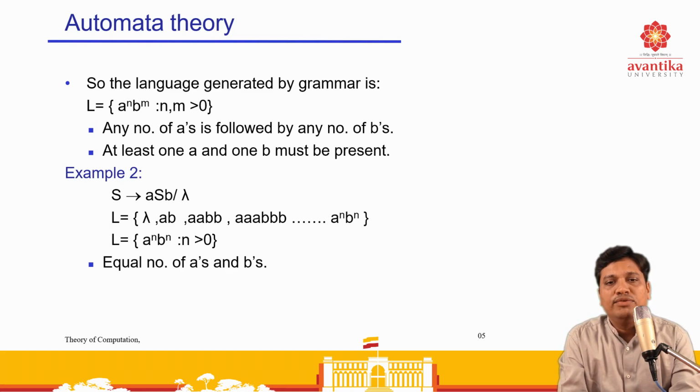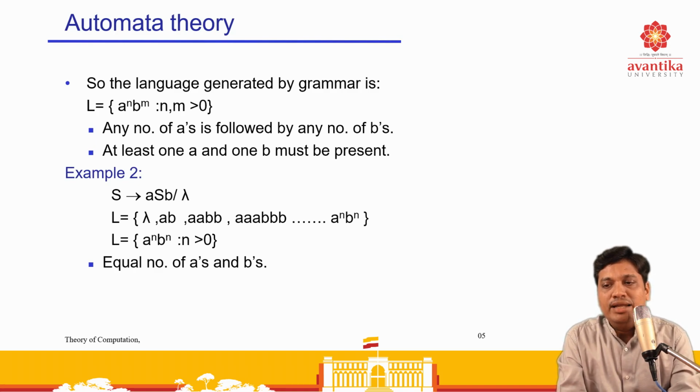We already discussed that the theory of computation basically deals with languages and sentences. The first language is to obtain a particular grammar, that is a to the power n and b to the power m, where n, m are greater than or equal to 0.